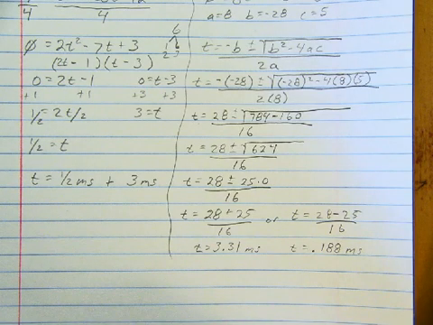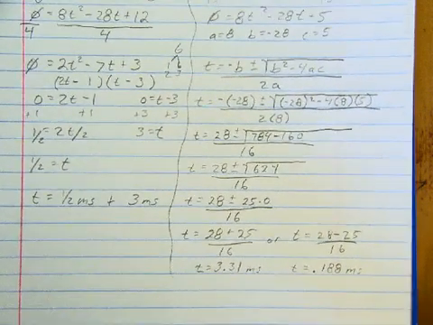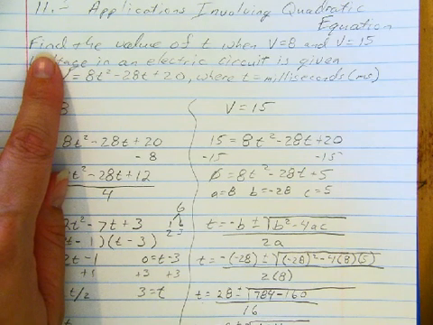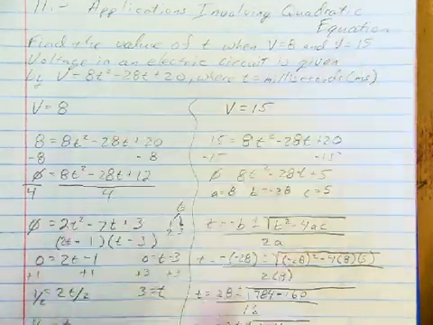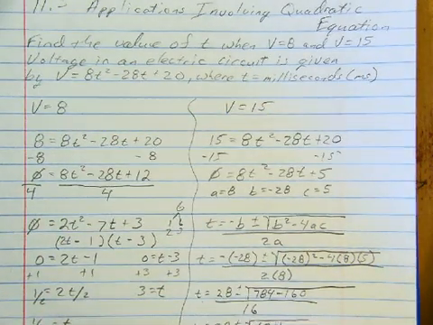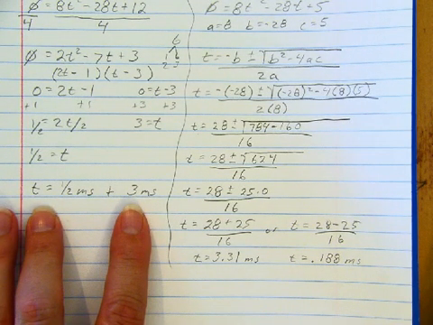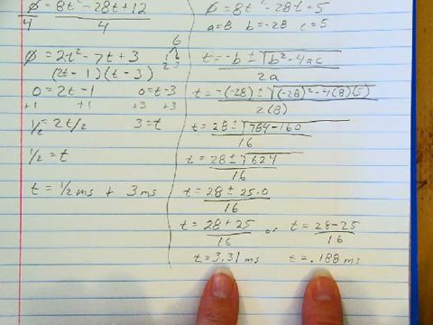Okay, so those are my different options for these 2 equations. It said, find the value of t when v is 8 and v is 15. So we found it for 8. Here are our answers for 8, and here are our answers for 15.